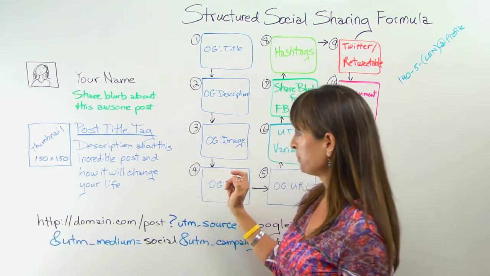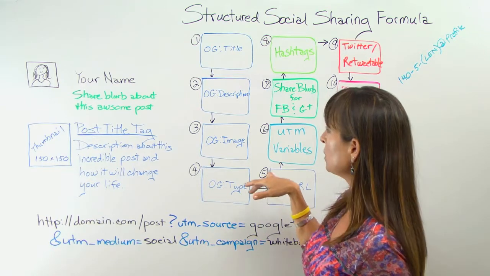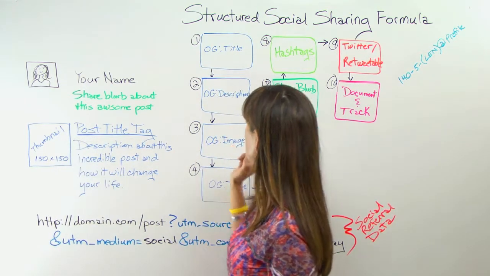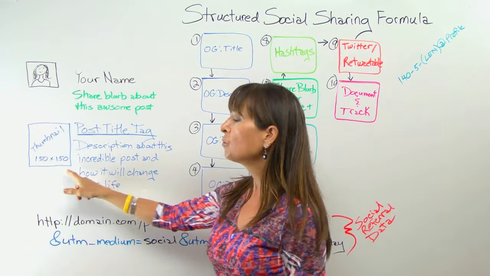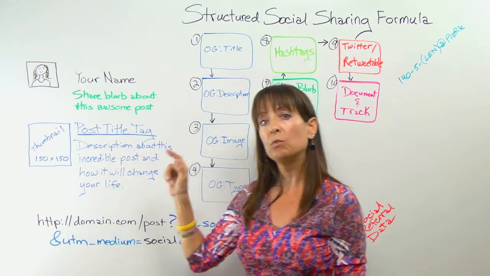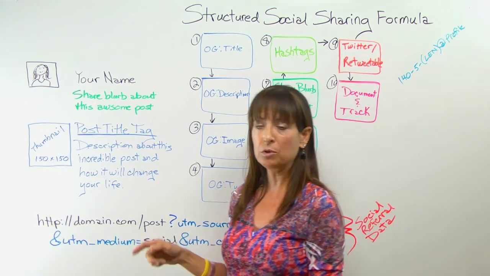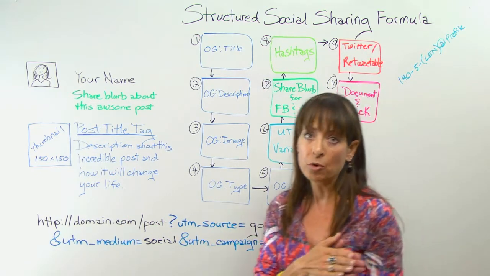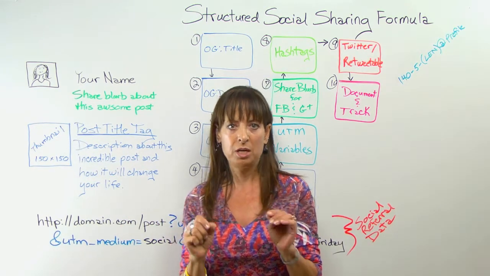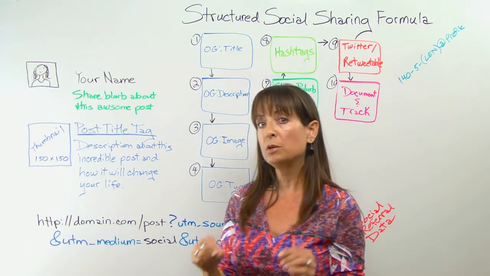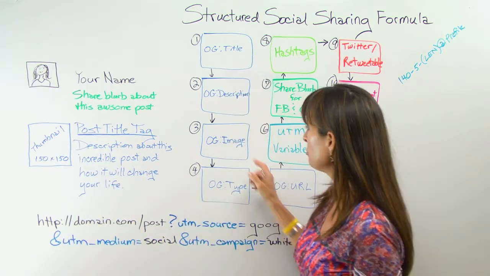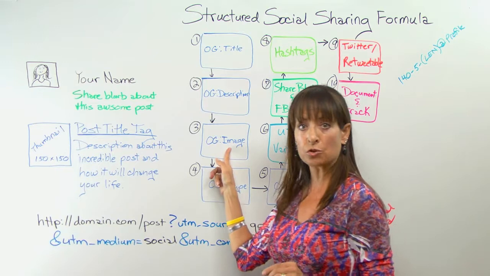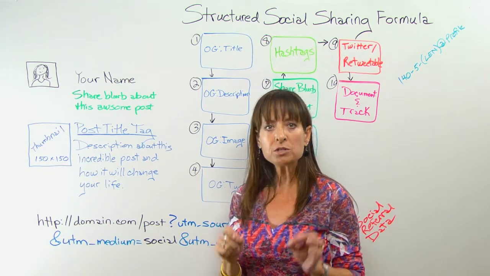Now we are at our image. Your OG image, you want that to be square. 150 by 150 is optimal. The minimum is 120 by 120, and this is very important because if you do not put in the proper image, you can put this OG image directive in the code. Facebook will honor it.